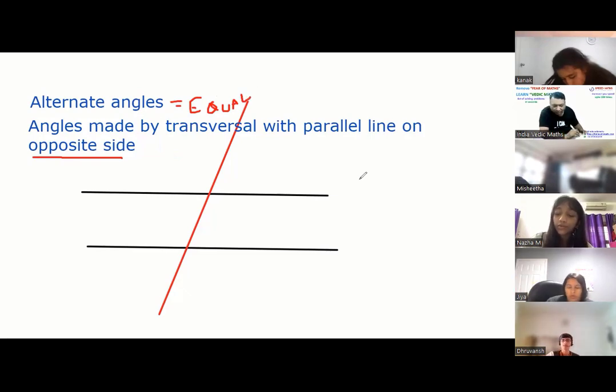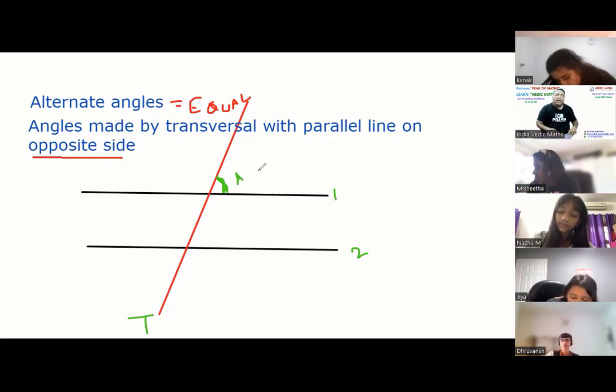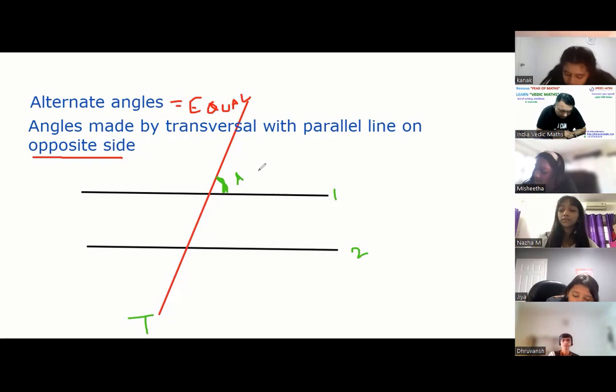So listen very carefully. Suppose this is the angle made by the transversal with line 1. So this is line 1, this is line 2, and this is transversal T, okay? Say the angle A. Angle A is made by the transversal with line 1.